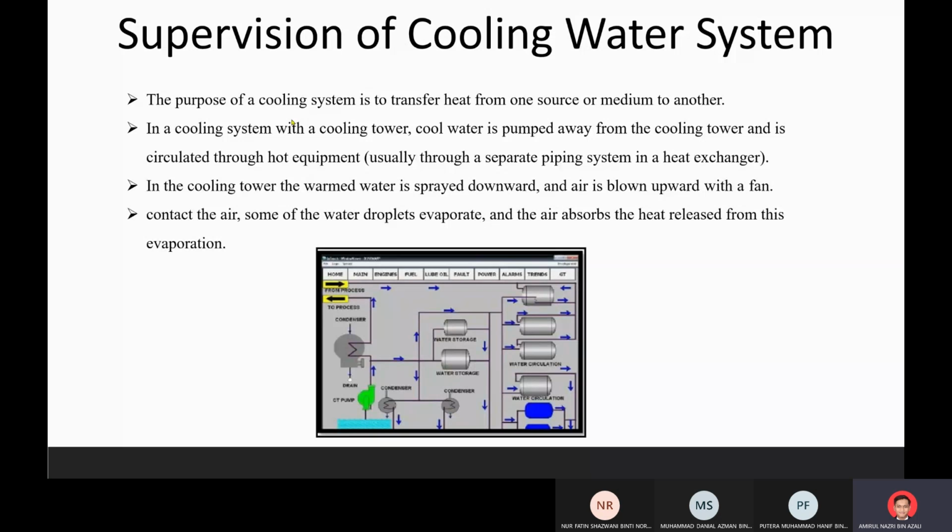In the cooling tower, the warm water is sprayed downward and air is blown upward with a fan. On contact with the air, some of the water droplets evaporate and the air absorbs the heat released from this evaporation. From the figure below, we can see the interface for the cooling tower system.